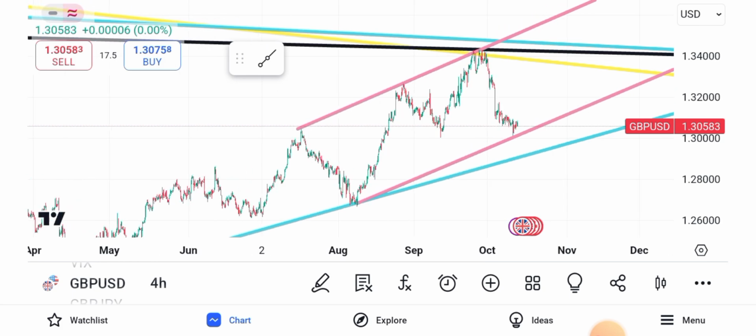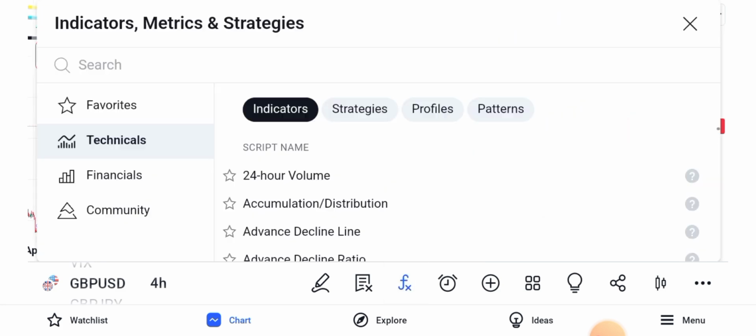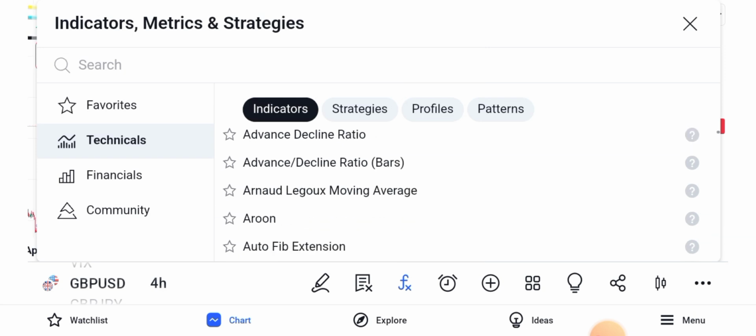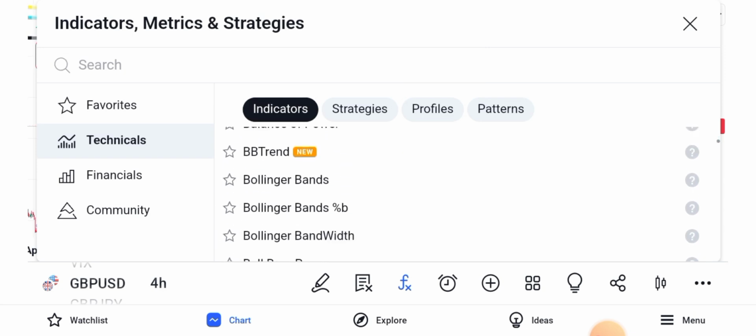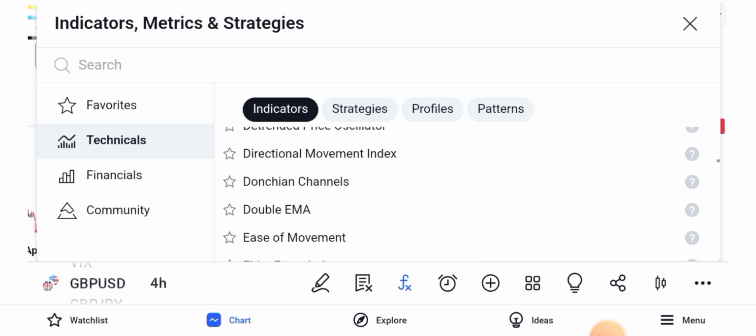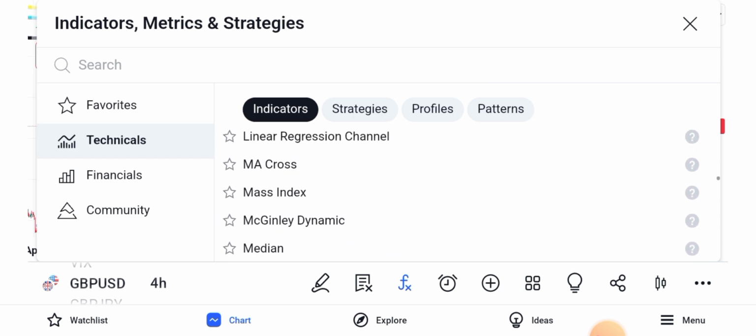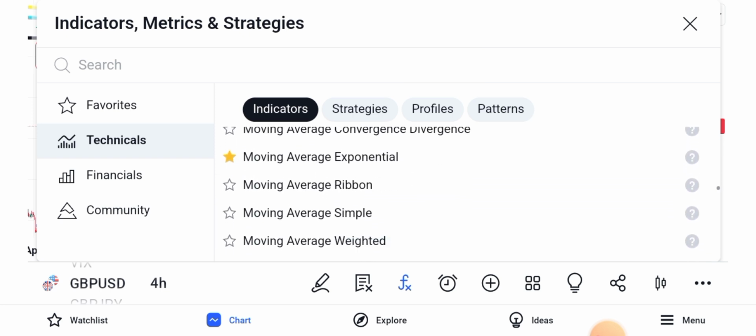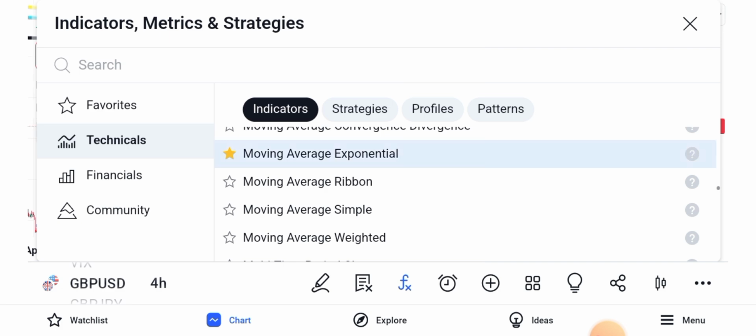We are also going to incorporate moving averages, guys. Okay, so we're just gonna click on this FX button right there. We're gonna put in an exponential moving average. Moving average, exponential, we want to put 2 of those.